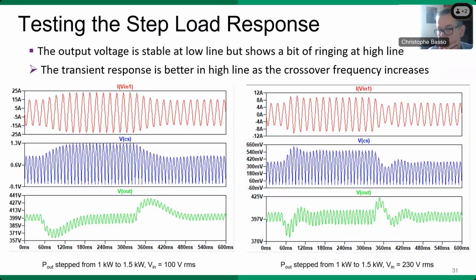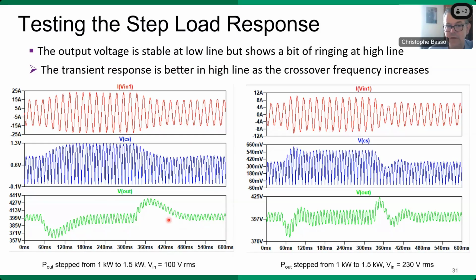Of course, when you do the cycle by cycle version, you will factor in different kinds of things like distortion linked to the high frequency going up, the switching losses and everything. But here you can see already that the crossover frequency is what we wanted to have at low line, but here, because there is no compensation of the power stage gain, as I said, at high line, of course, you have a faster transient response than what you have at low line.